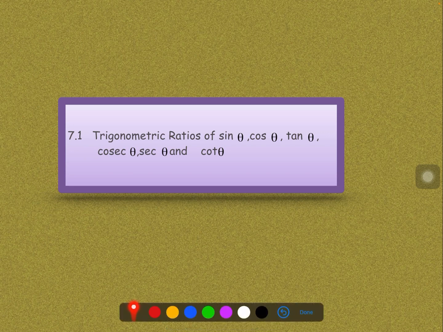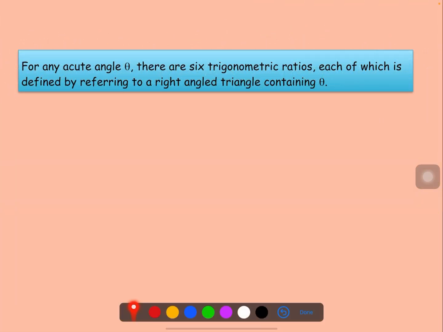7.1 Trigonometric ratios of sin theta, cos theta, tangent theta, cosec theta, secant theta, and cotangent theta. For any acute angle theta, there are 6 trigonometric ratios, each of which is defined by referring to a right-angled triangle containing theta.